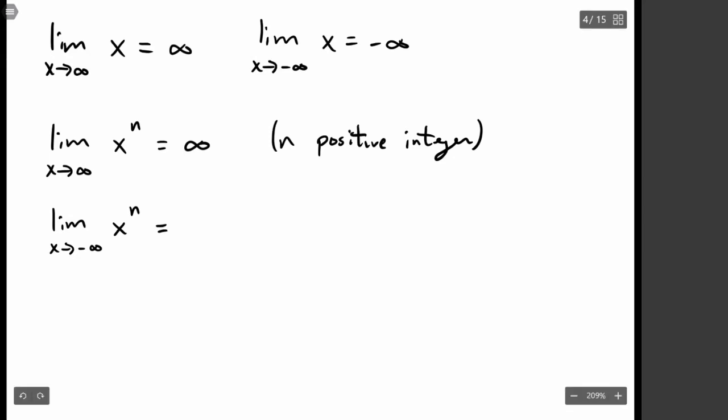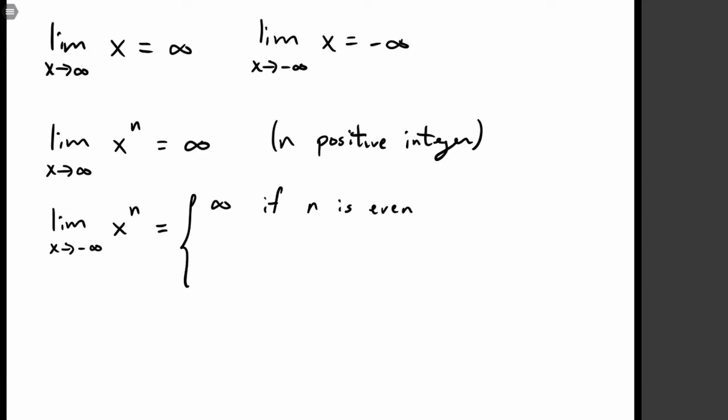Well, this is going to be one of two things. This will be infinity if n is even, because a negative number raised to an even power is positive, or minus infinity if n is odd. Okay? Cool.